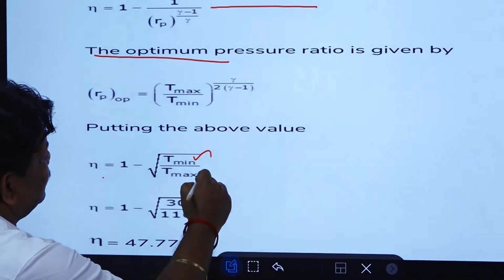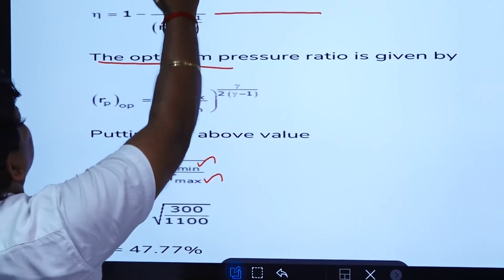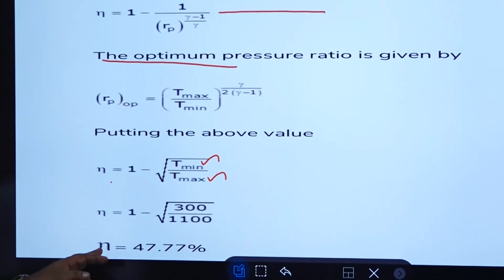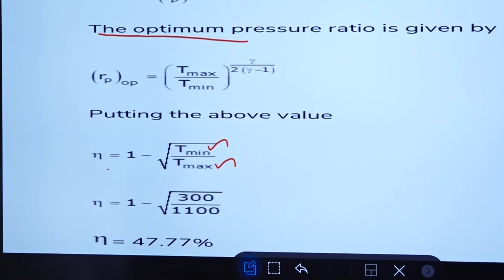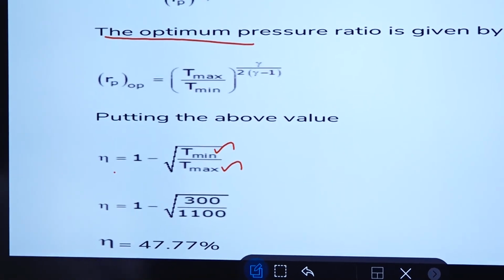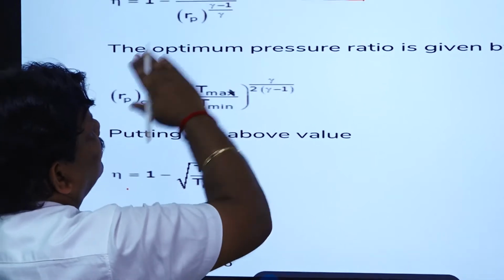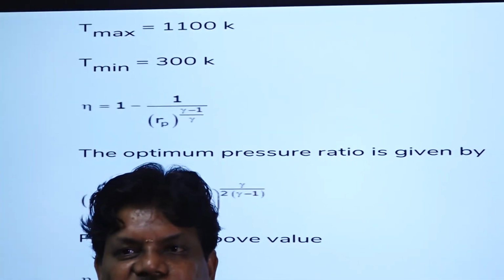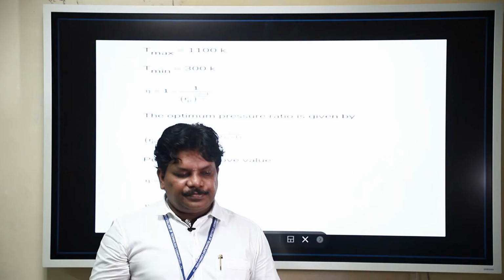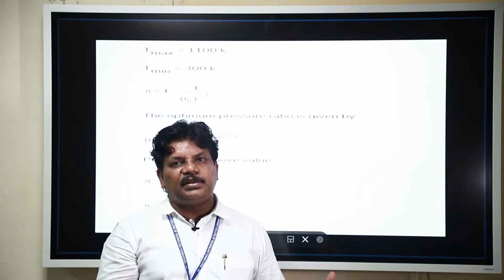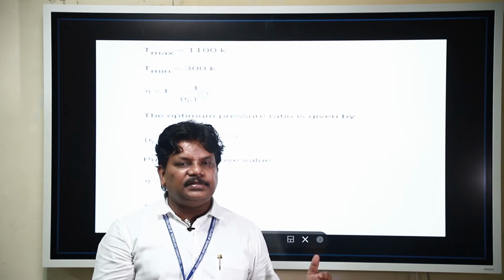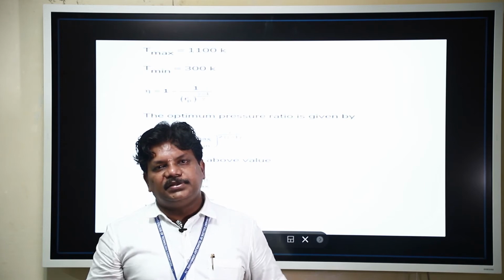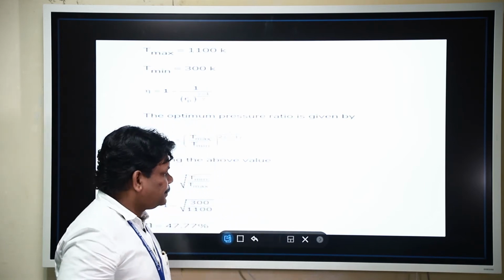You know the formula, you know T minimum and T maximum, so substitute in this equation, and you will get the value of this efficiency, which is 47.77%. So when you are getting the pressure ratios, or the maximum and minimum temperatures, you should know the formulas related to all this, because you are going to find the unknown based on the formulas. So you have to be thorough with the formulas in this Brayton cycle.